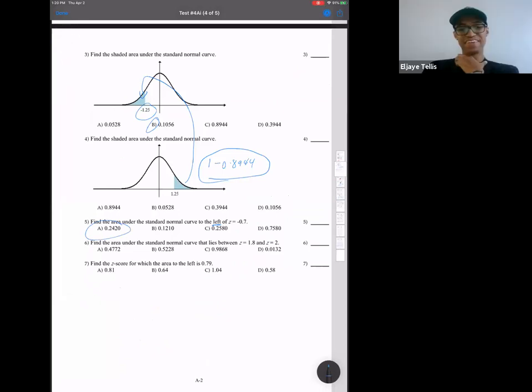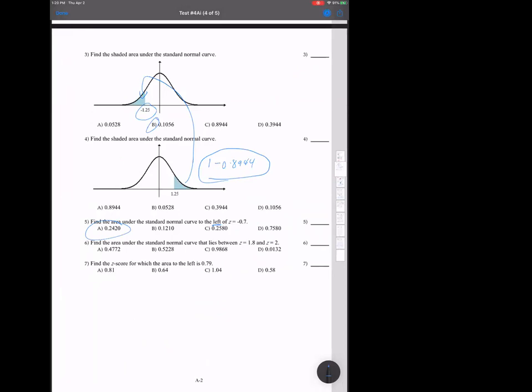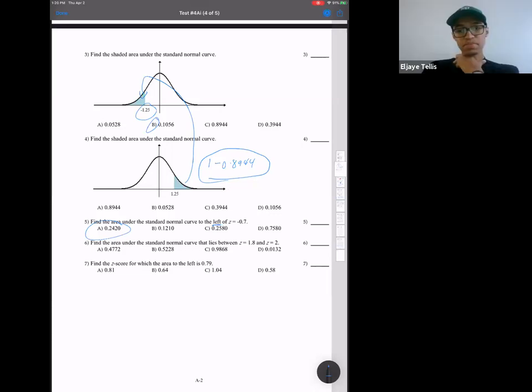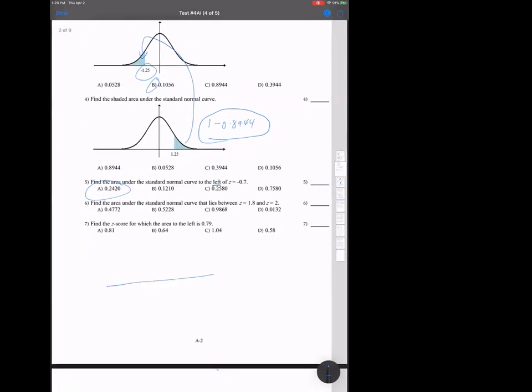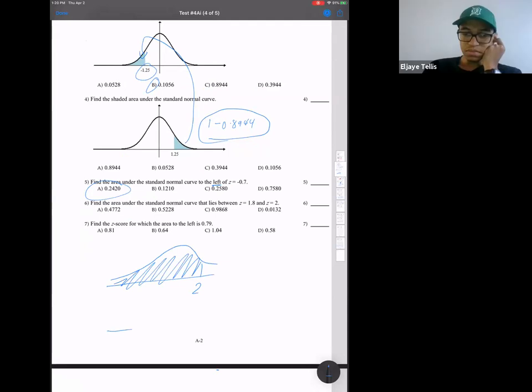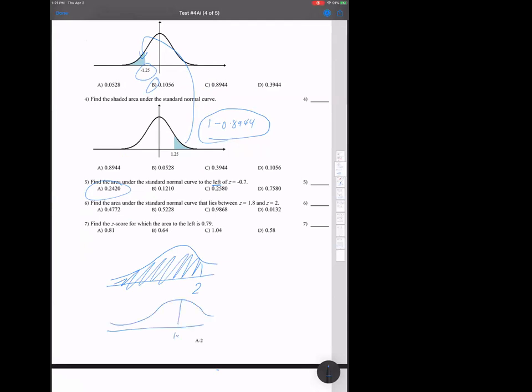Okay. Now when it says between, that's number 6 right here. You have to find the two z-scores and then subtract them. Because when I go between, so 2 is right here. So if I look up the table is going to give me all of this, right? Mm-hmm. And then when I look up 1.8, 1.8 is going to give me all of this.